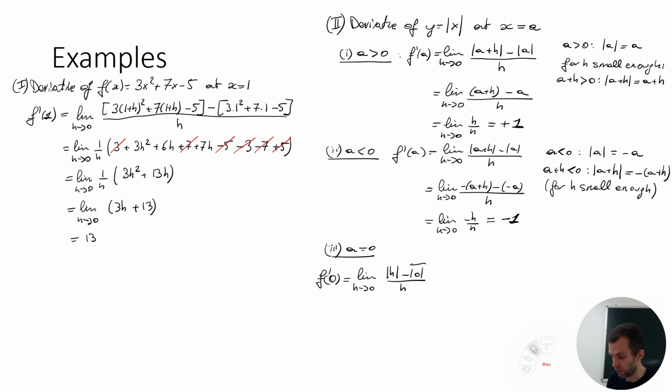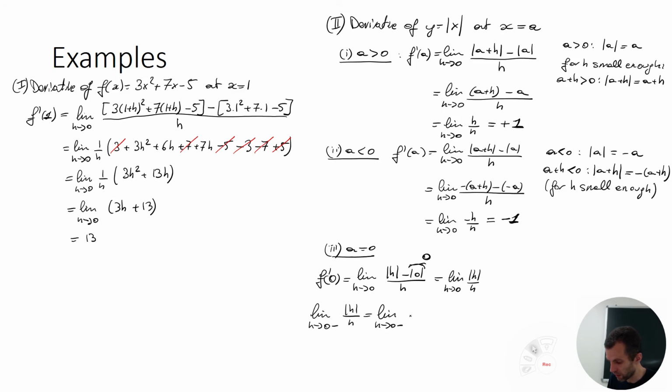Absolute value of 0, of course, is 0 itself, and so we get this expression. Now you have to be a bit careful, so let's look at both the left and the right limit in turn.